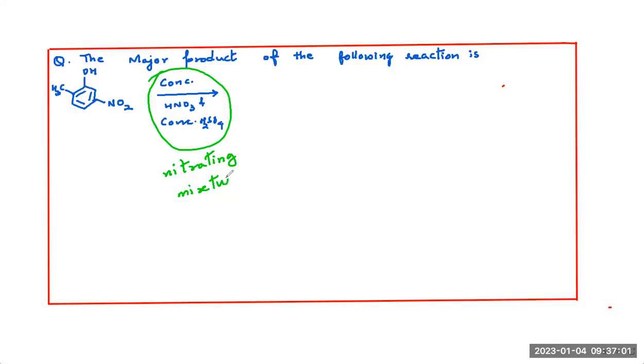And this nitrating mixture will carry out electrophilic substitution by replacing H plus of benzene by NO2 plus, that is the electrophile produced from nitrating mixture. Now the most important thing is where that nitronium gets substituted, whether it will get substituted at this ortho, this meta, or this para position. That is the question.